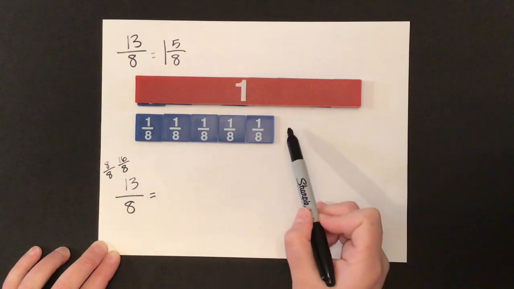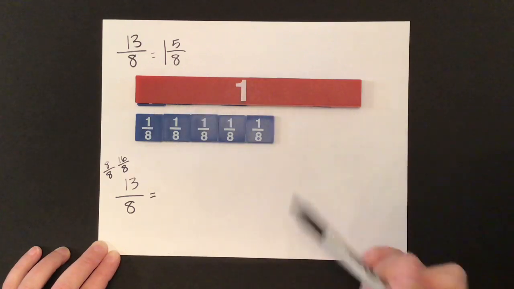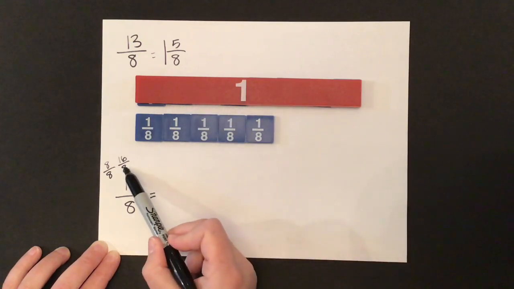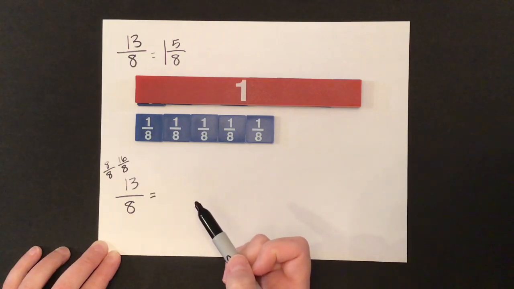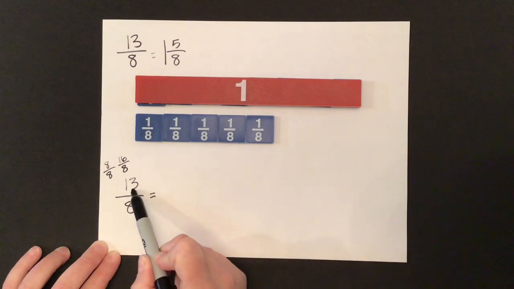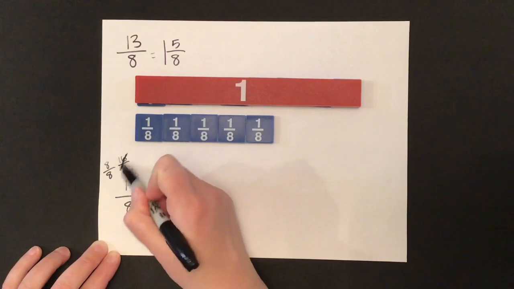If I just had 3 more pieces, I would have had 16 altogether, 16/8, which would have been equal to 2 wholes. But I only have 13 pieces, so I only have enough for 1 whole.